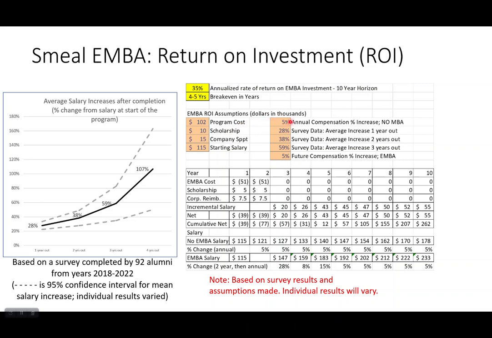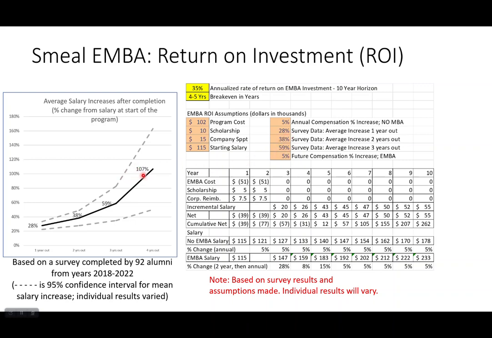Let's further assume that if the candidate chose not to get an EMBA, so no MBA, they would get a 5% increase in salary over the next 10 years, 5% per year. Now I'll compare that to the averages from our student surveys. And what we found, again, is a 28% increase 1 year out, 38% 2 years out, 59% 3 years out.